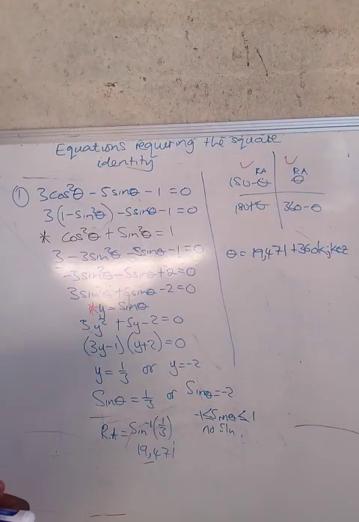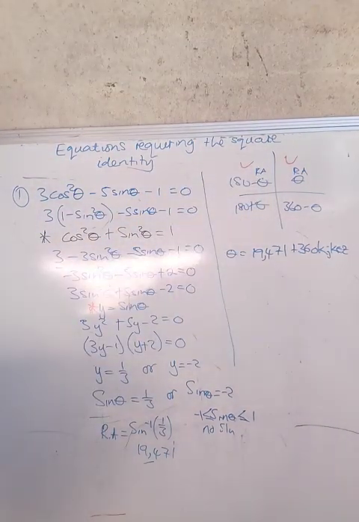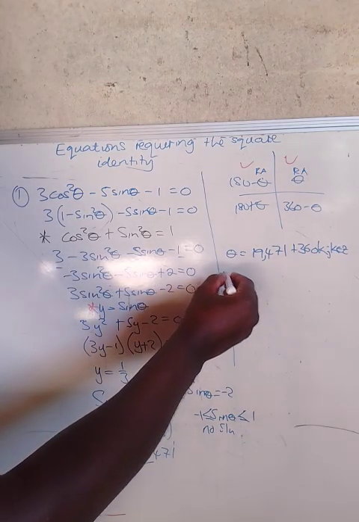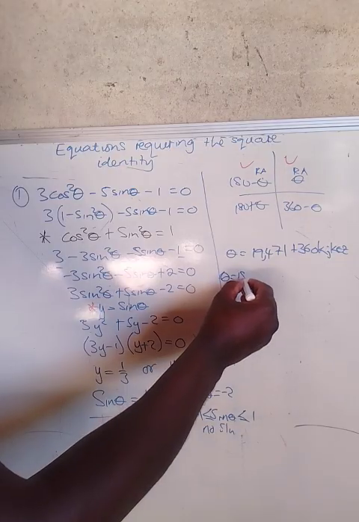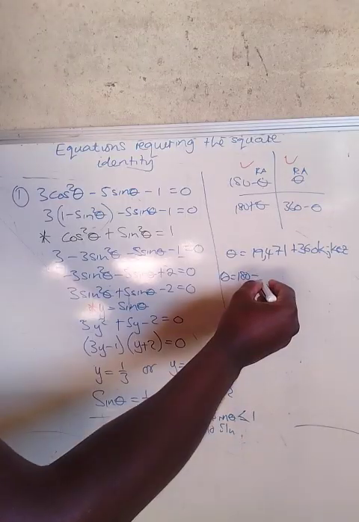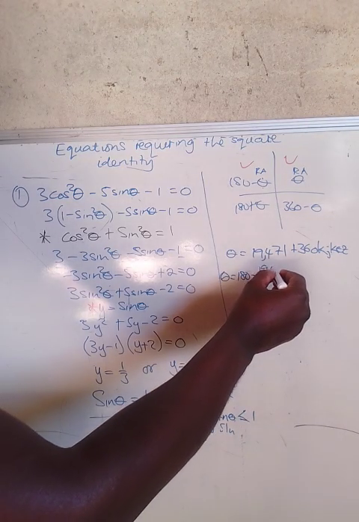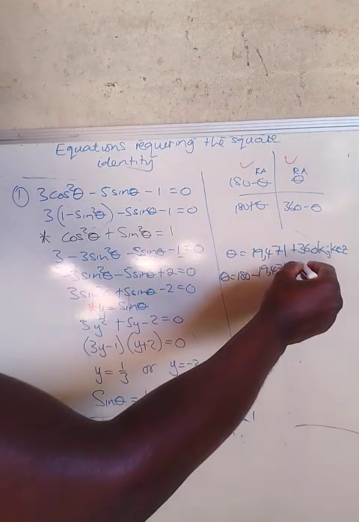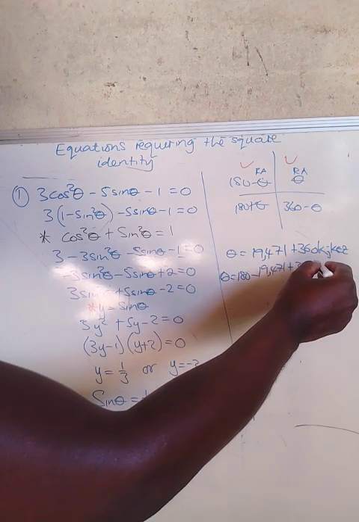Then from there, we need the general solution in the second quadrant. We are going to say theta is equal to 180 minus theta, which is our reference angle, 19.471, plus 360k.